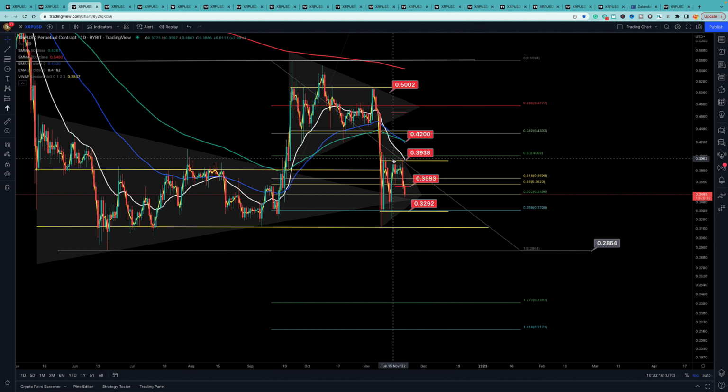It back tested to the 05, tested it a few times, and now we're getting the rejection down. So with regards to this lift, this correction is a shallow 05 back test, which would indicate, if this fails, that we're heading down for a lower low. That's what it indicates.